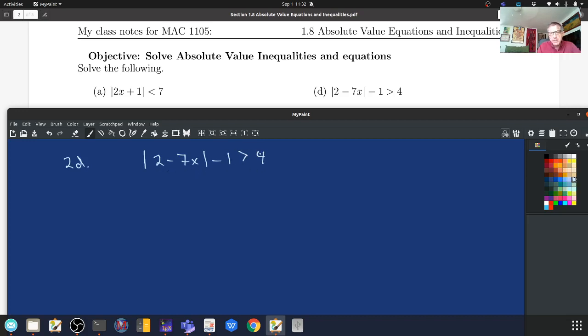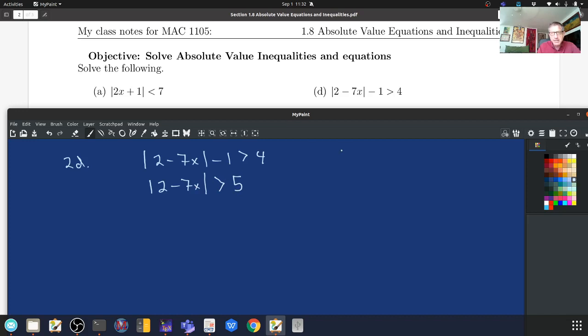But what I need to do is simplify this over here. So what I'm going to do is just add 1 to both sides. So this is equivalent to 2 minus 7x in absolute value. I'm adding 1 to both sides. So when I add 1 to both sides, 4 plus 1 is 5.